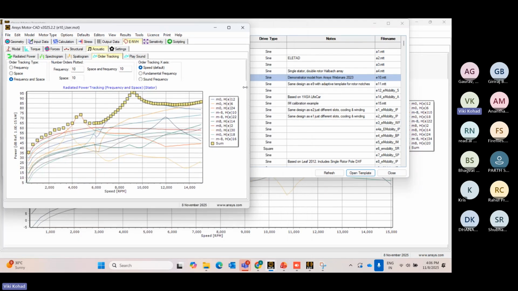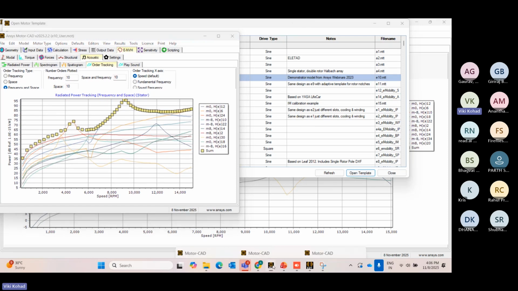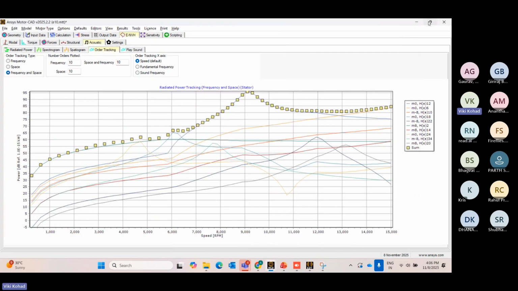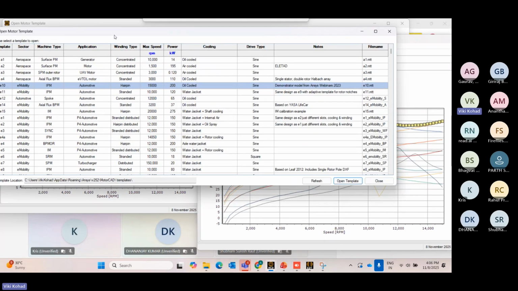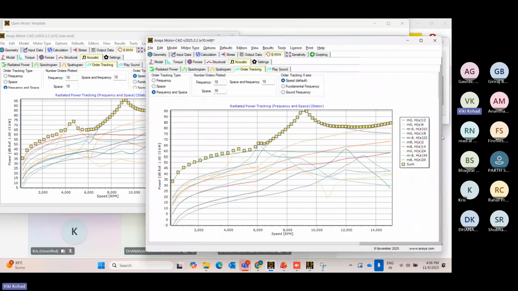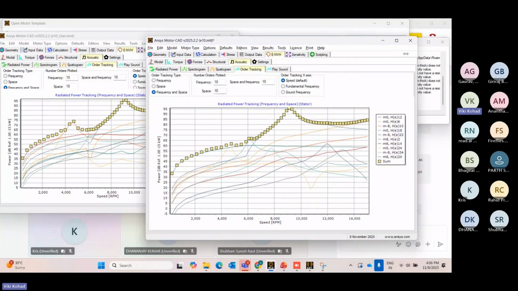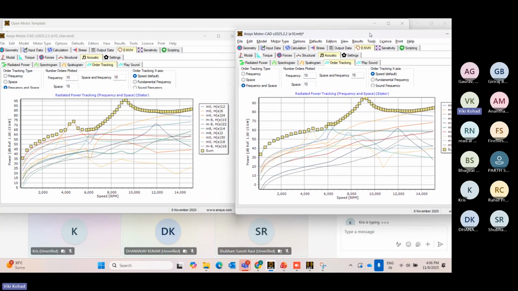Here you can see the result. Now this rotor, now you can see the result. This is the skew one.